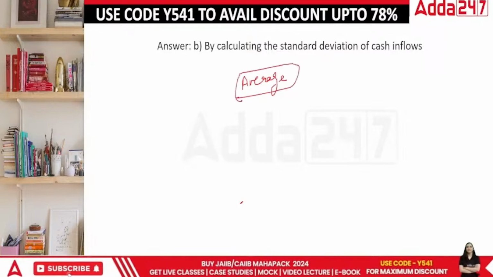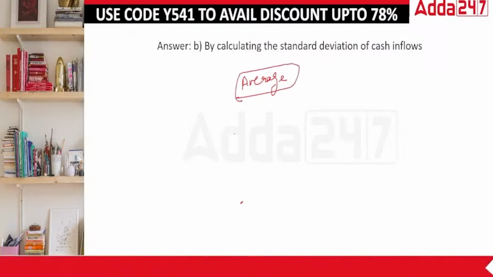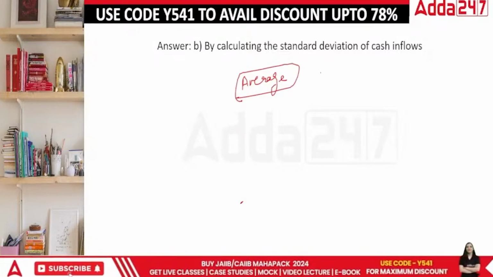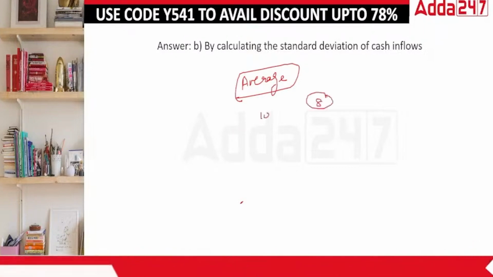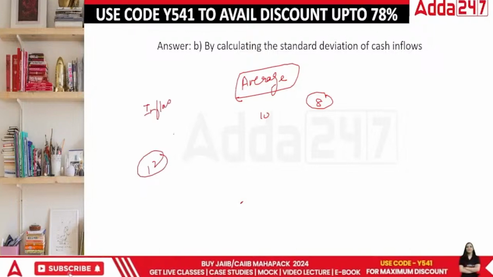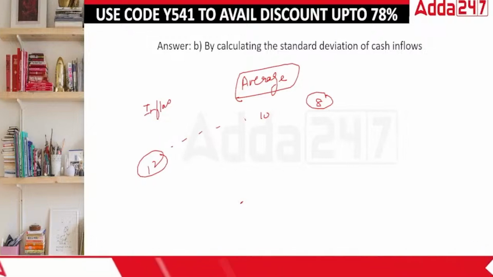When we have an average, what will we do? If the average is 10 and you have 8 or you have 12, in terms of your inflows, it's good if you have 12. But what about outflows? If we are losing, then it's actually bad.